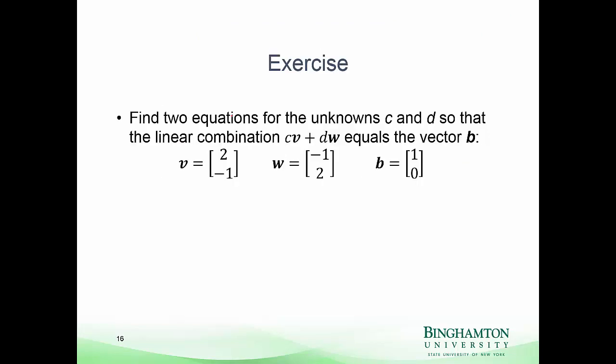We've got some specifics. We've got a V, we've got a W, we've got a B, so three different vectors. And we're asking, how do I pick a C value to multiply V by and a D value to multiply W by to result in this given vector B? Seems like a simple problem, but this is really at the heart of much of what we'll be doing.